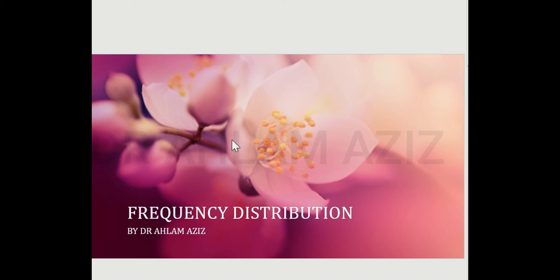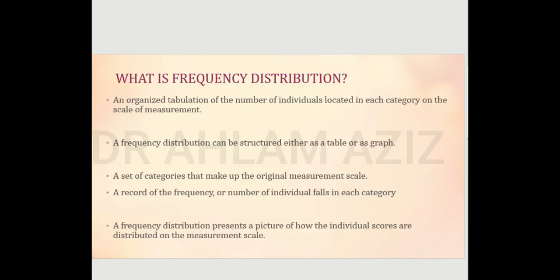Frequency distribution we use to analyze the percentage of your items. This is an organized tabulation of the number of individuals located in each category on the scale of measurement.